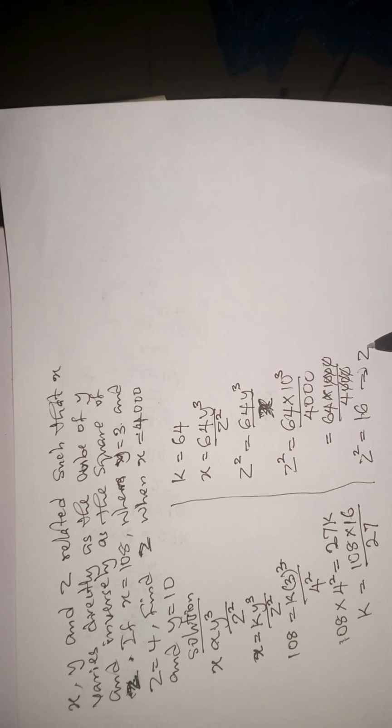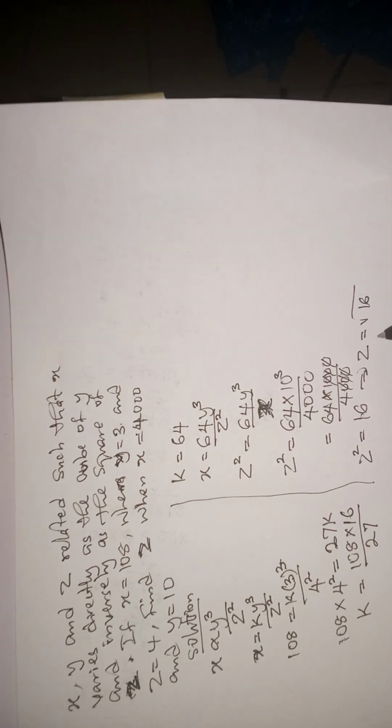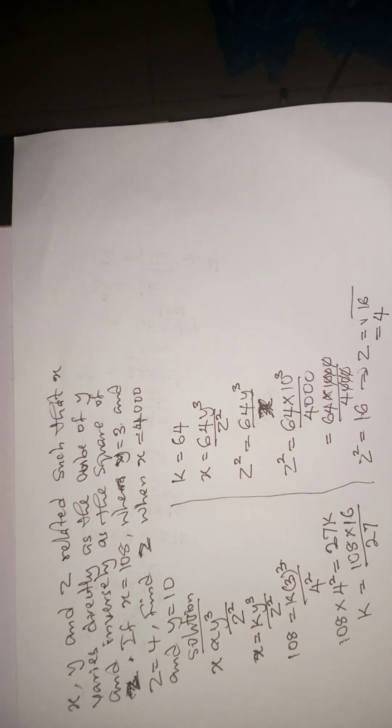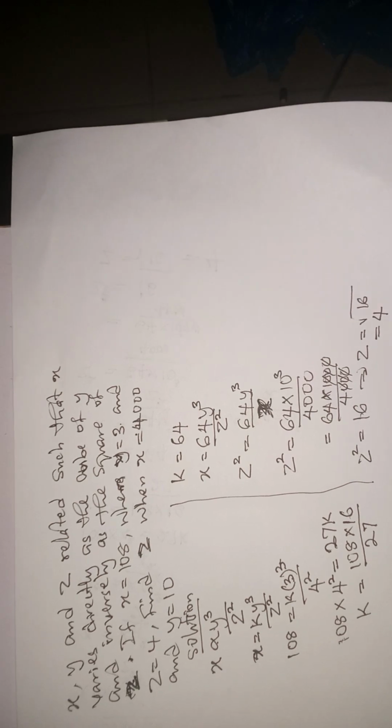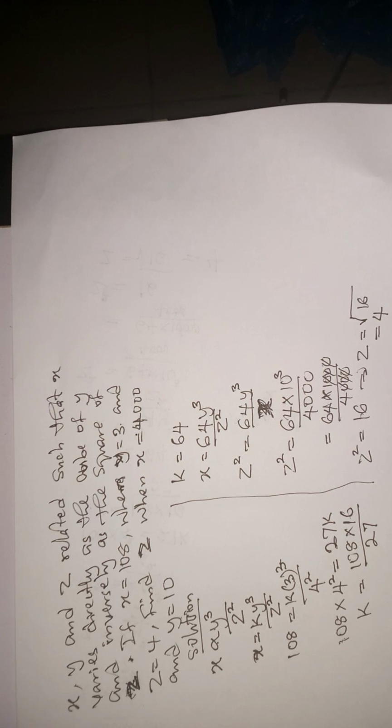It implies that Z is equal to the square root of 16, which is plus or minus 4. So that is the solution: Z is equal to 4.